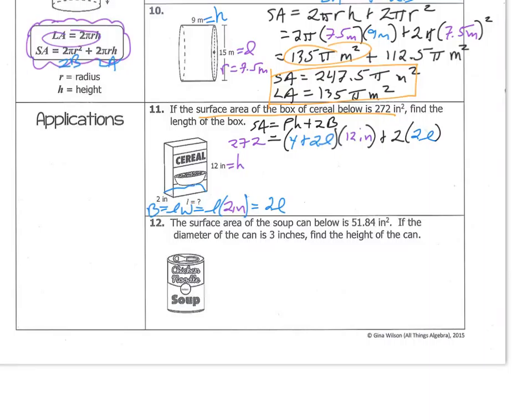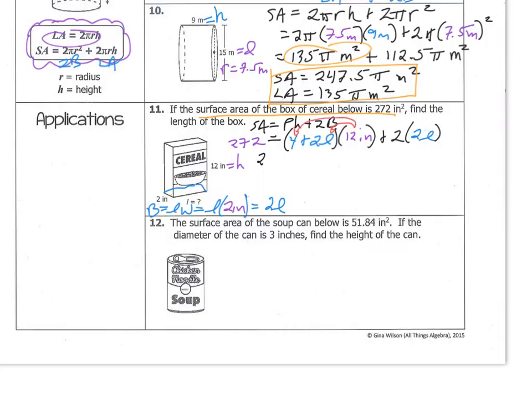Now let's work the magic. We cannot add and subtract things when we have stuff over here being multiplied. So you've got to simplify this, get rid of the parentheses, and simplify this. So don't I take the 12 and distribute it into my parentheses? So I'm going to take the 12 and multiply it to the 2L and multiply it to the 4.